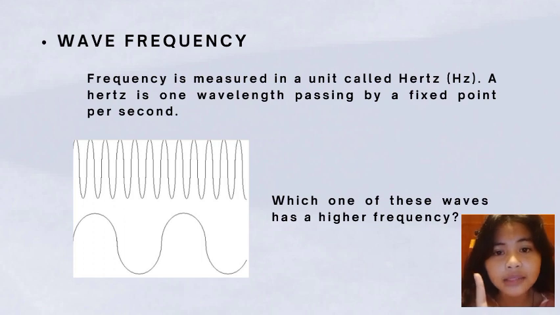Right, it has a high frequency, since it has a lesser wavelength. As stated here, when frequency increases, wavelength decreases. That means frequency and wavelength are inversely proportional to each other.